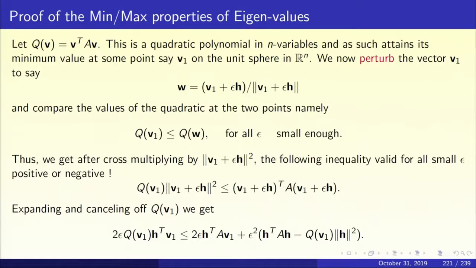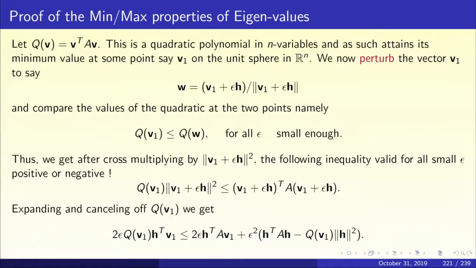But remember, V1 transpose A h is what? A h dot V1, or A h inner product with V1. A is a real symmetric matrix. So A h inner product with V1 is the same as h inner product with A V1 by symmetry.